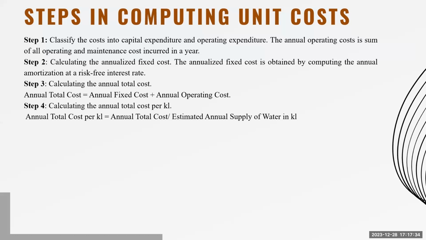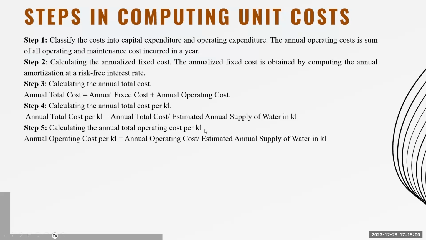In some states we have seen earlier it was 40 liters, and in some places people say 55 is not adequate, maybe 70 liters and so on. Depending on that, you can calculate the annual total cost per kiloliter. Then for the annual operating cost per kiloliter, we take only the annual operating cost and divide it by the estimated annual supply of water in kiloliters.